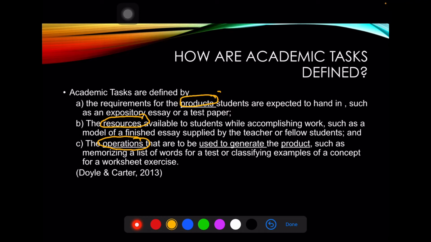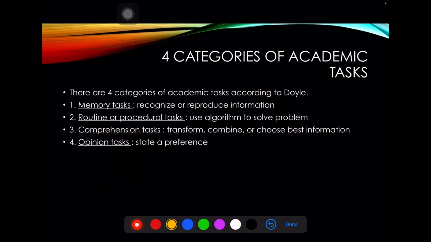Once you get their answers, you start to analyze. Once you have your data, you analyze, you have your findings, then you write your report. So that is the meaning of operation. This is actually from Doyle and Carter 2013.